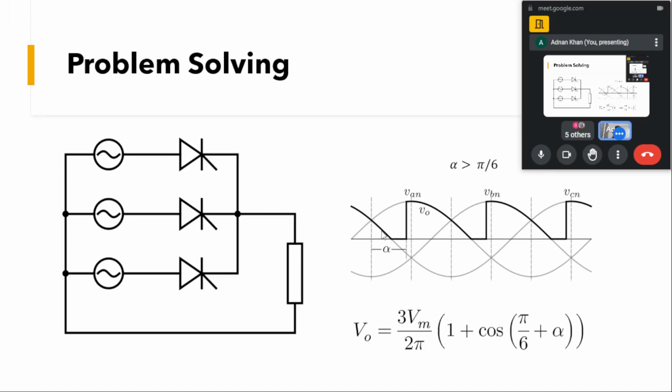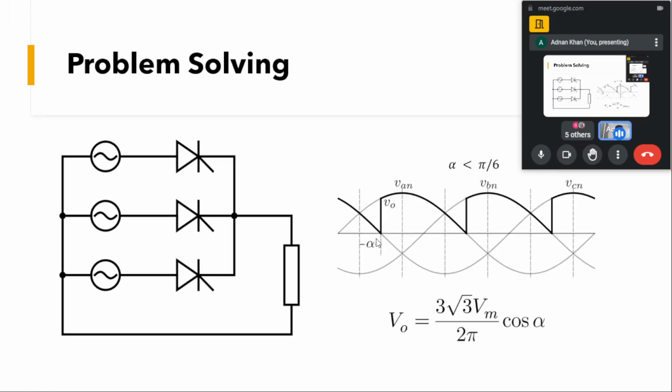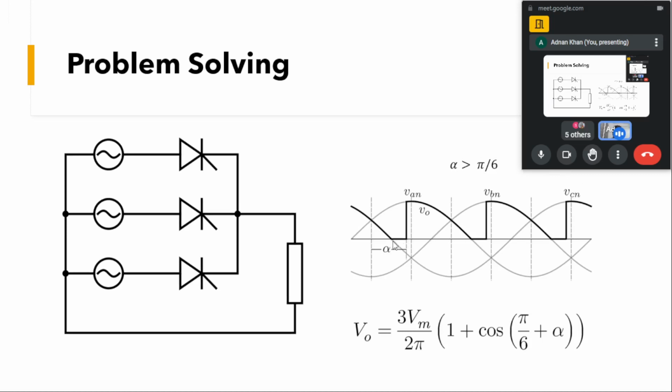This we had seen here, for this resistive load, if alpha is greater than pi by 6, there is some portion of the zero curve.